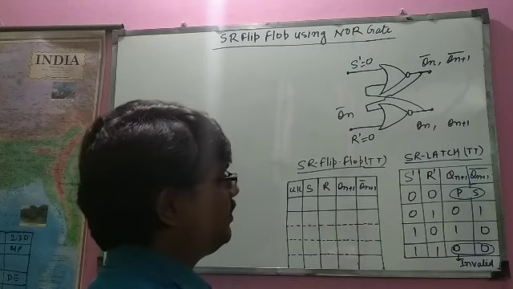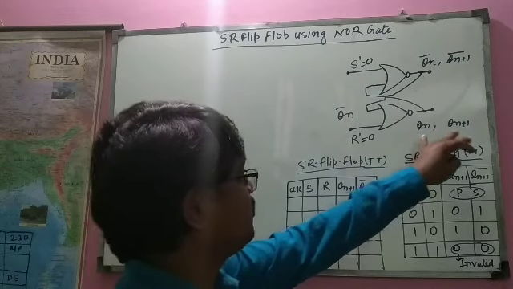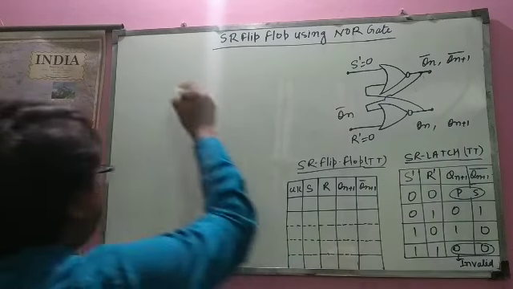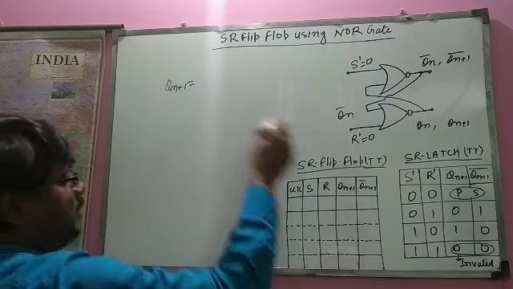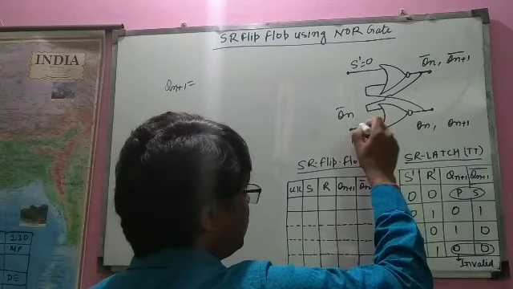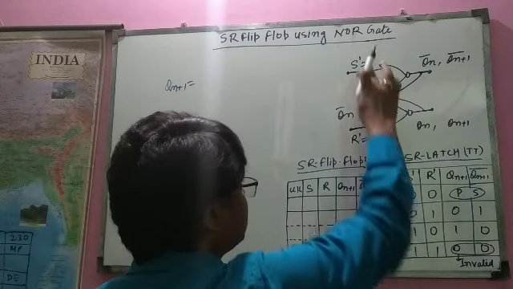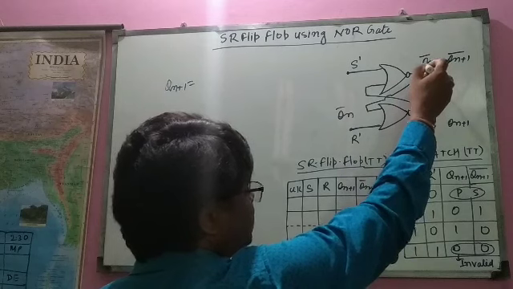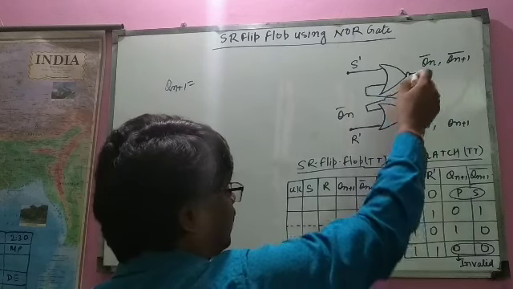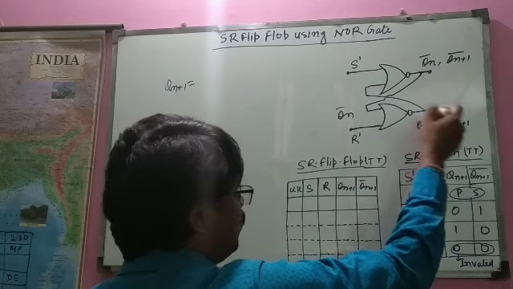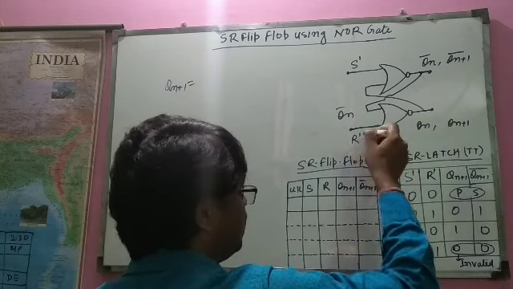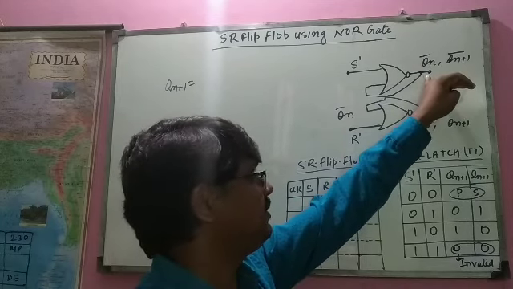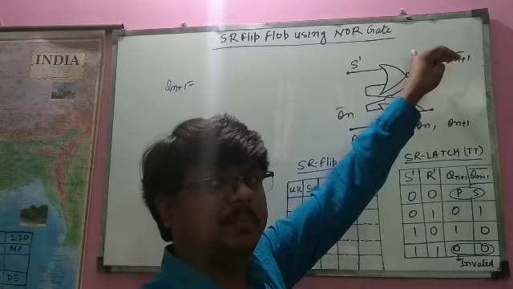Okay, so for the sake of simplicity, this Qn plus 1 will depend upon which things? It will depend upon these two inputs: this is R dash, and this is Qn bar. So Qn plus 1 will depend upon Qn bar and R dash, because the present state is Qn bar.